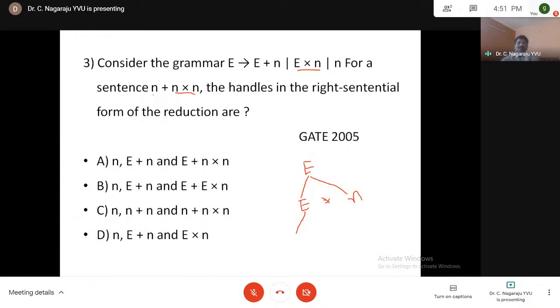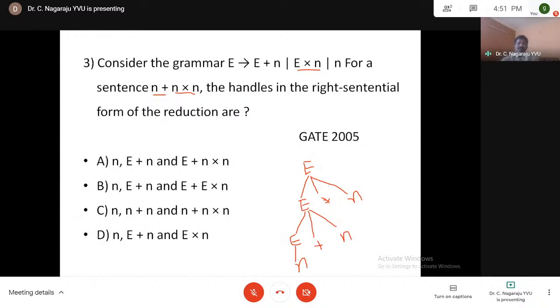If you want to replace this, E can have the form E plus N, and E can be replaced with N. So this is the value of this one.